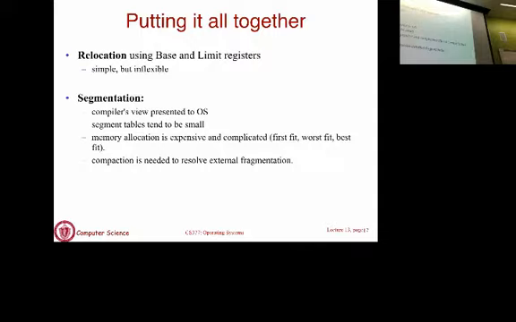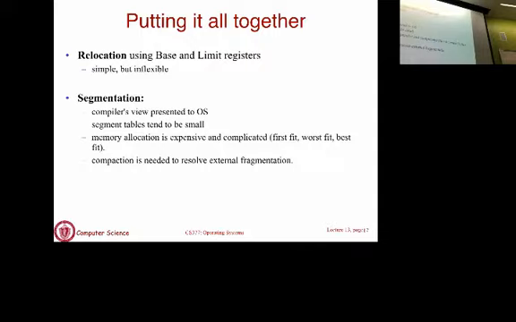Entire process gets one big chunk of RAM. You use base and limit registers to track that region of memory. Disadvantage, as we said, is you get external fragmentation. It's hard for the process to grow and so on, but it's a fairly simple approach. And then we looked at 3 other approaches: pure segmentation, pure paging, and segmented paging, which combines the 2.